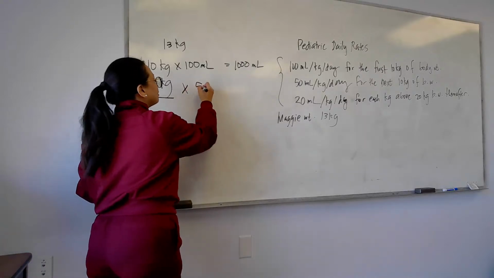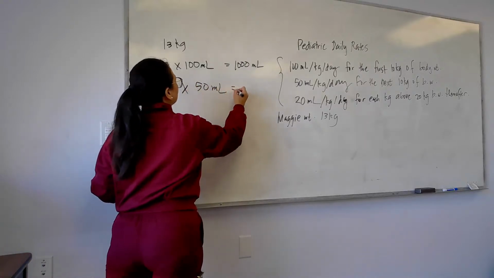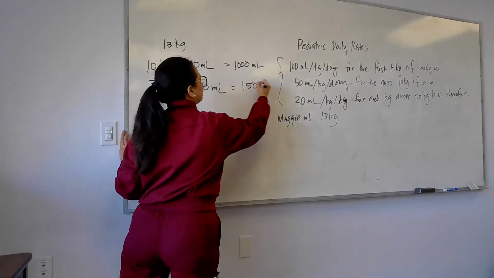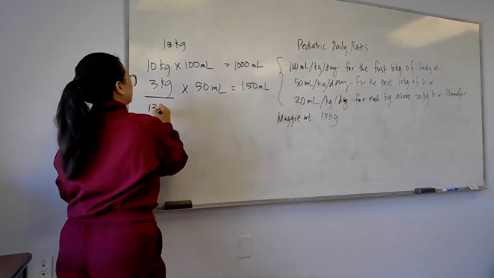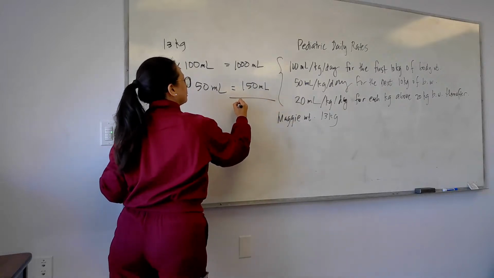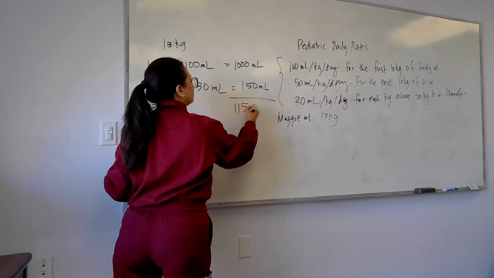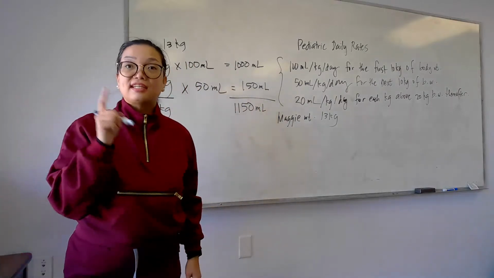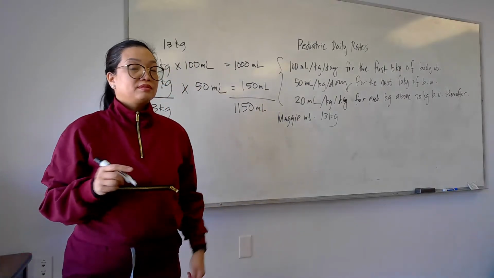Times 50 ml. So how much is this? 150 ml. So this is 13 kilograms, and we have to add this, and this is 1,150 ml. Do not overthink it. It's that simple. That's it.